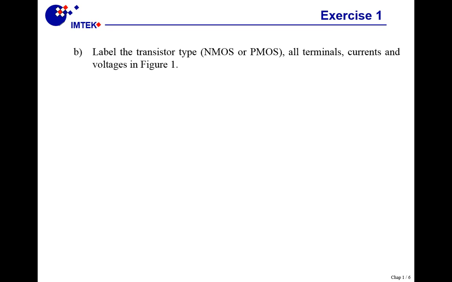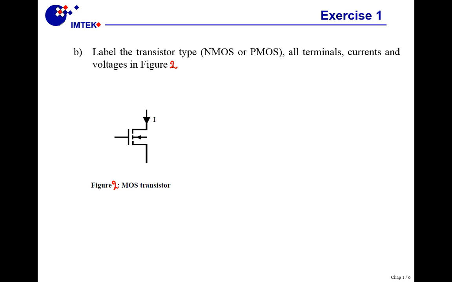Part B of question number 2 asks you to label the transistor type, whether it's a PMOS or an NMOS, and label all terminals, currents, and voltages in figure 2.